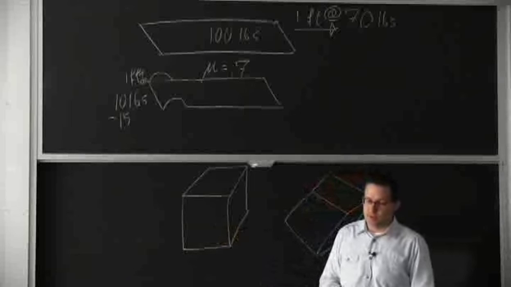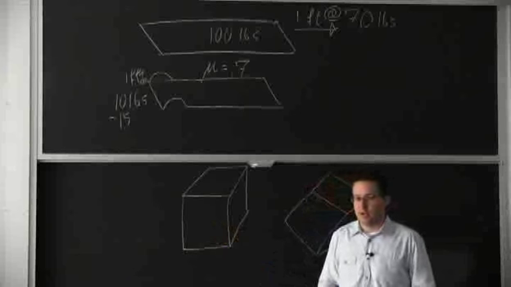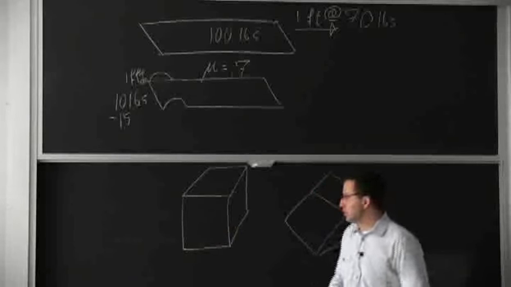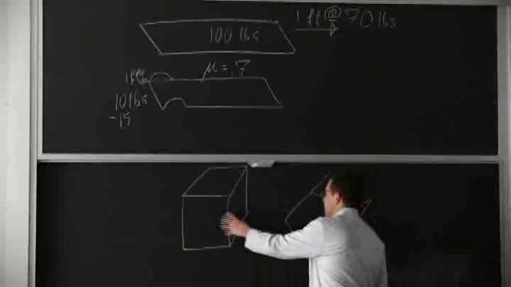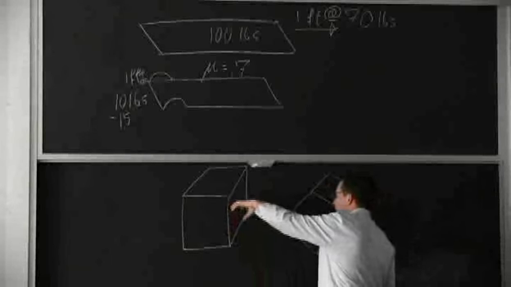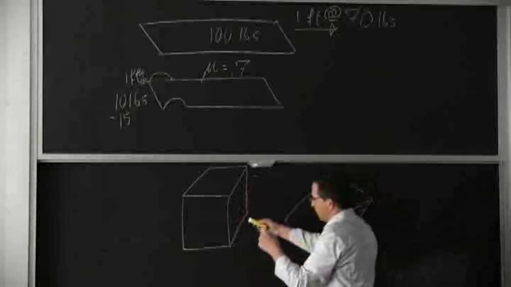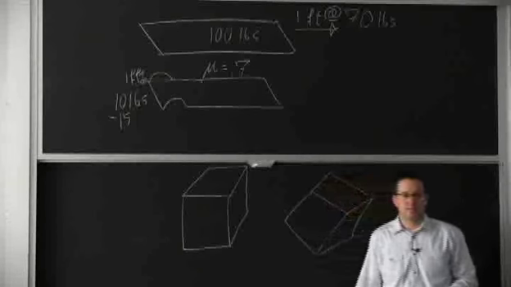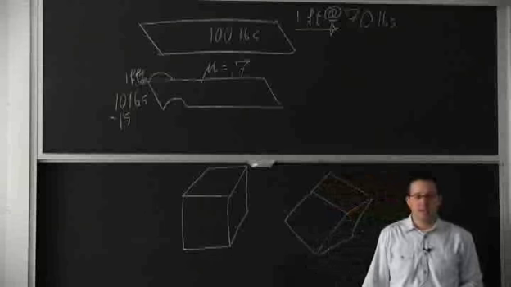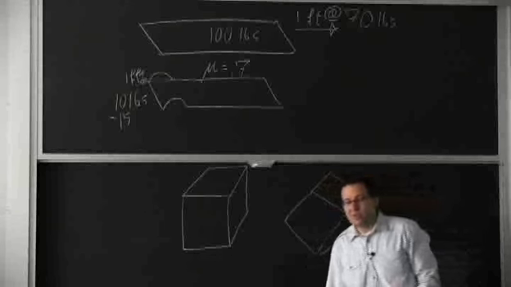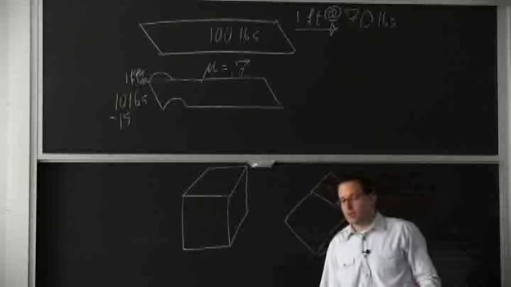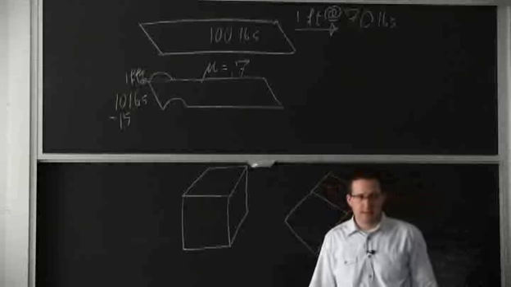So the principal stresses are those where there's no shear. I'm always going to be able to make a box somewhere in the material in an orientation where in all three directions it's tension or compression. No shear. And the reason to do that is just to simplify the analysis.